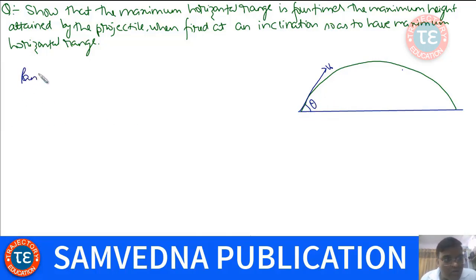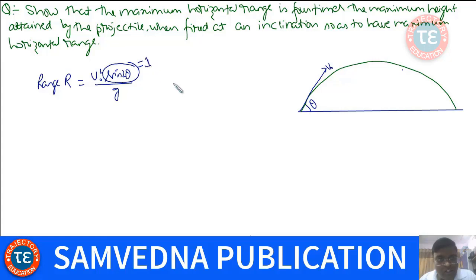So the formula of range is, we have just found, V0 square sine 2 theta by g. So this is going to be maximum when sine 2 theta is 1.